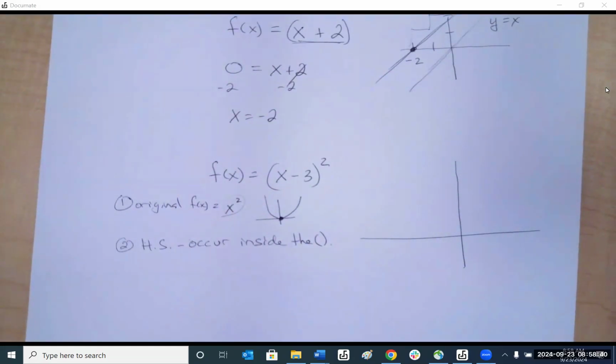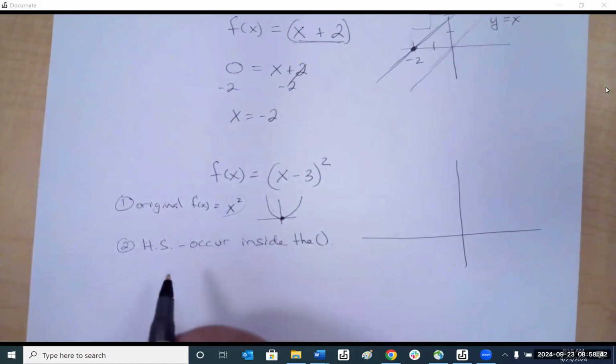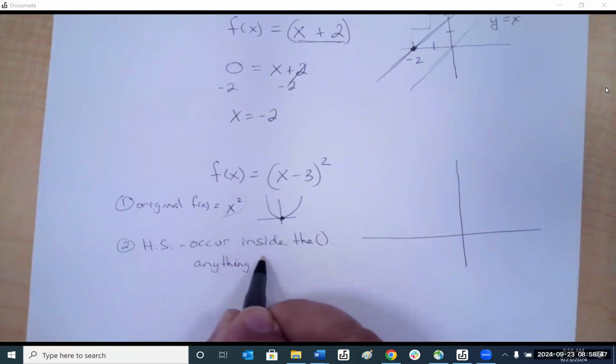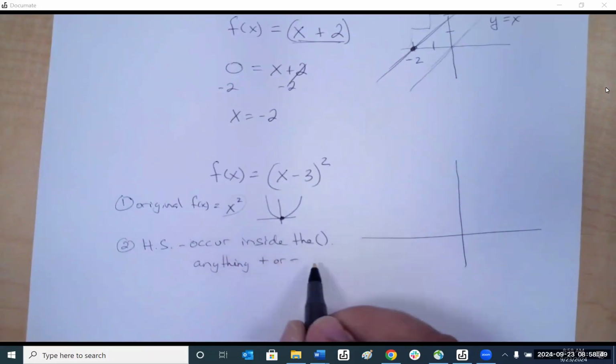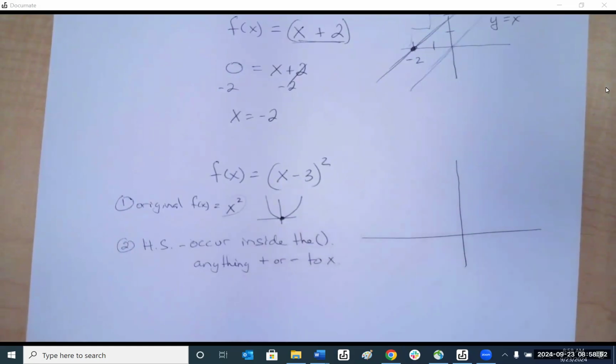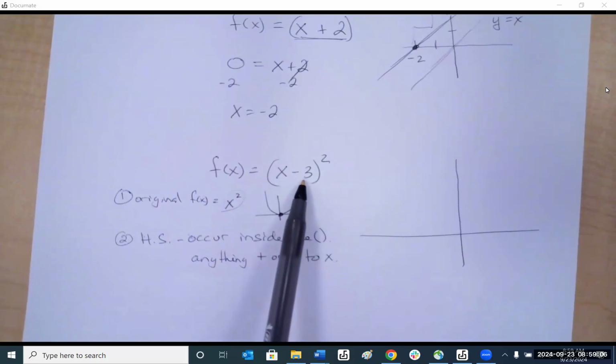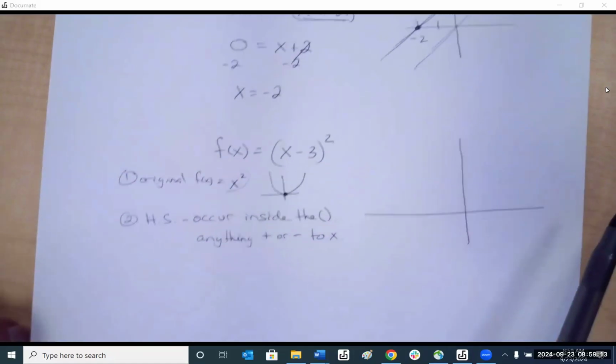Anything plus or minus to an x is a horizontal shift. So how many spaces is this graph going to shift? 3. Which direction, left or right? Let's see if you're right.